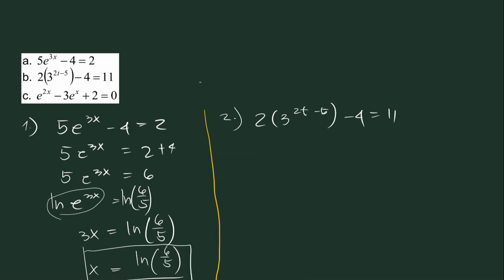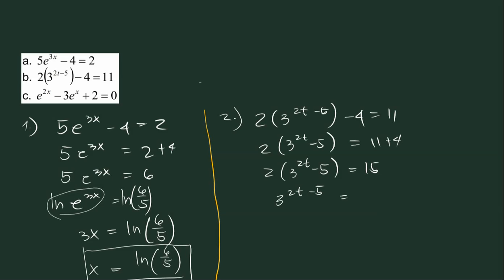Okay, so let's add 4 to both sides. Equal to 11 plus 4. So this will be 2 times 3 raised to 2t minus 5 is equal to 15. Okay, so we divide both sides by 2. Equal to 15 over 2.